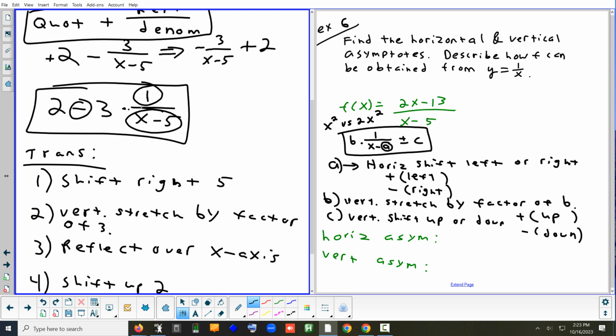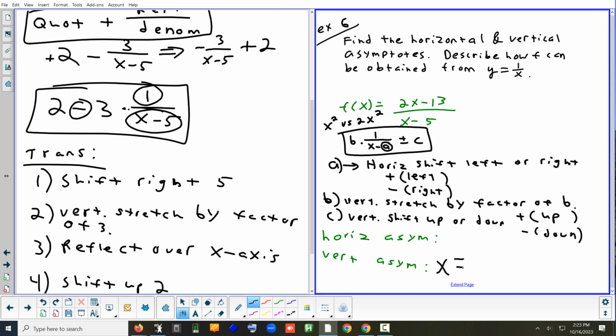So let's just start with the letter. Vertical is always what letter? X. Yep. So it's going to be an x. Horizontal is always y. And let's do the vertical first. Vertical is what number would make the denominator 0? 5. So there's your vertical. And I told you earlier, there's only one number you really need to look at up here that tells you the horizontal.